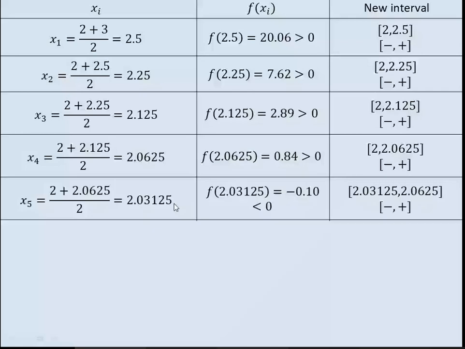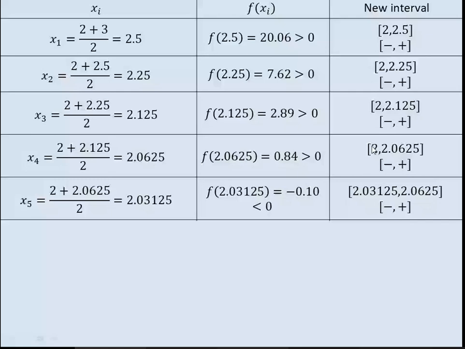Only one digit is matching. Okay, the next digit is different, so we have to proceed further. So find the value of the function at this point. Check for positive, negative, then replace the negative value. If it is positive, then replace the positive value. Here it comes out to be minus 0.10.